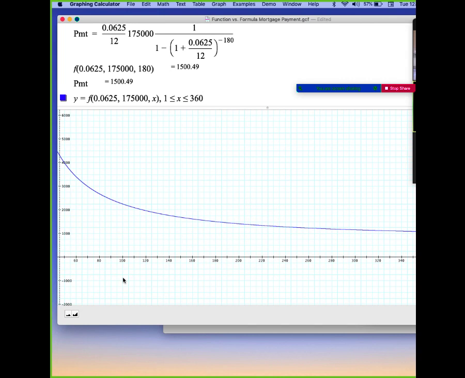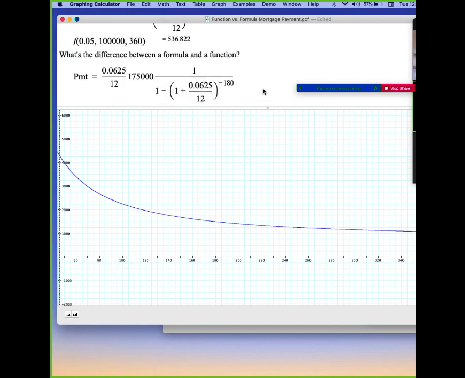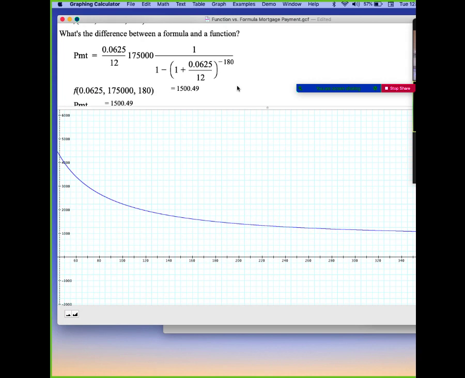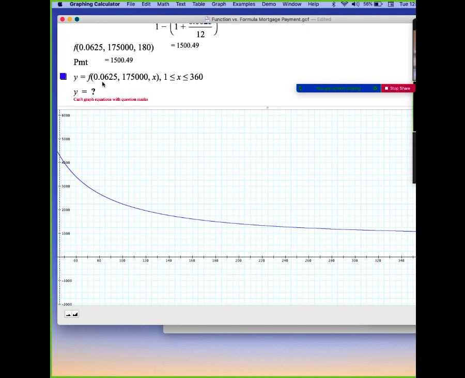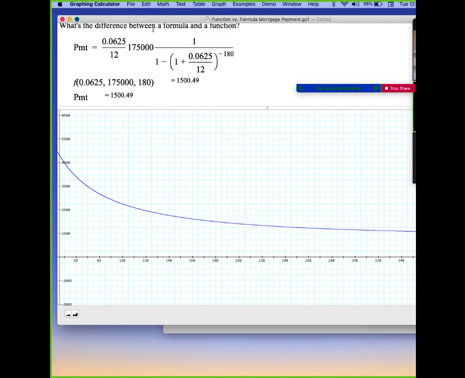Okay, now instead of using the function to graph this, I want to use the formula to graph this. What would I need to do to graph this using the formula, instead of using the function? So Richard used the function. He said y equals f of, you've got these set parameters. X is the number of payments, and the function value is our monthly payment. What about graphing the same graph using the formula?